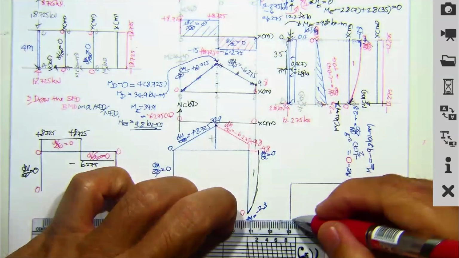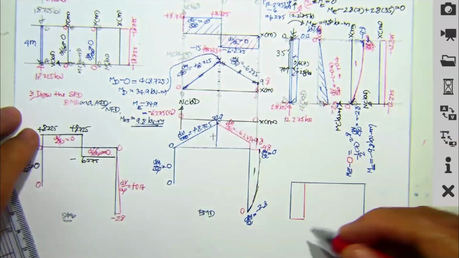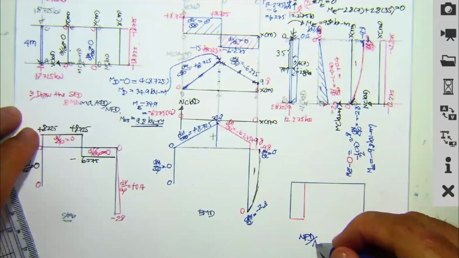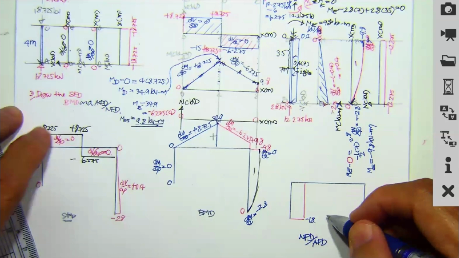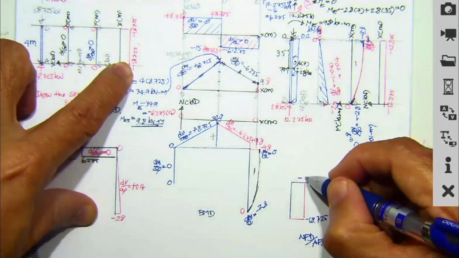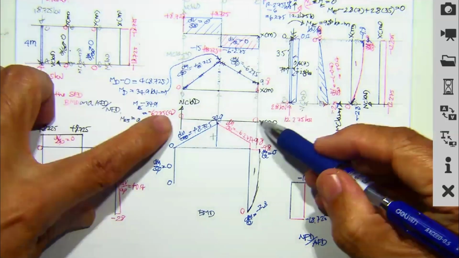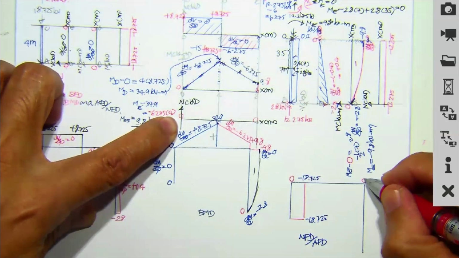If we put this one, then this is going to be our normal force diagram, axial force diagram: minus 18.725, minus 18.725. The axial force in the beam is 0, 0.